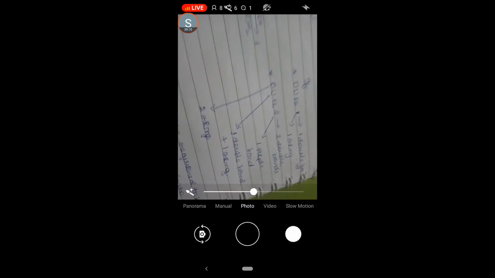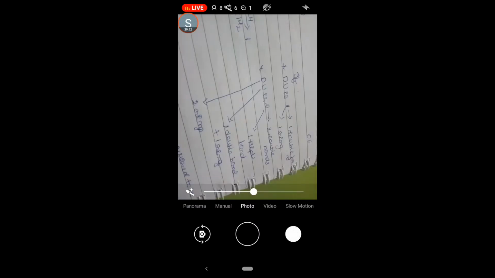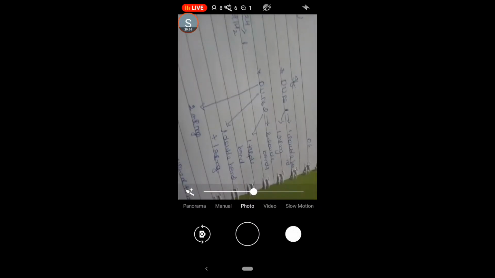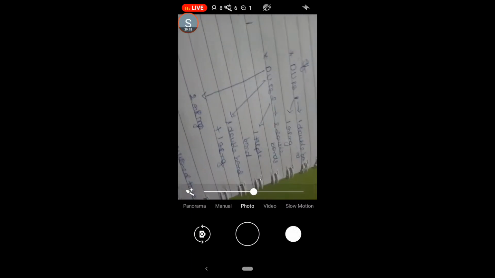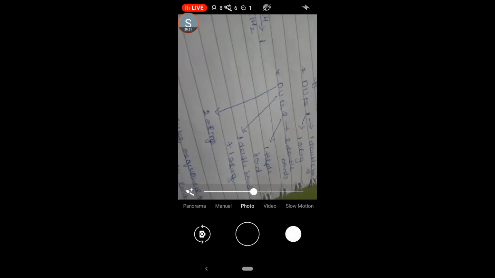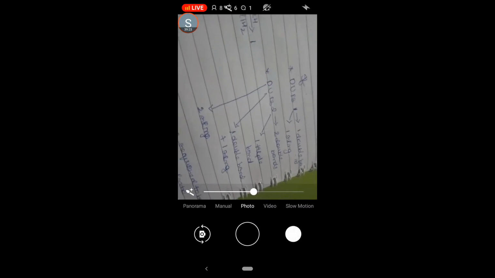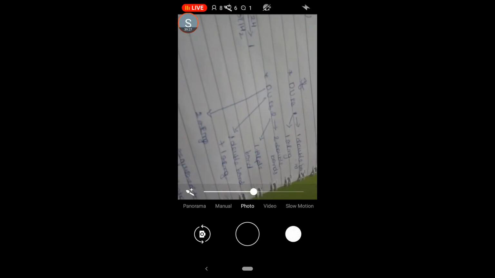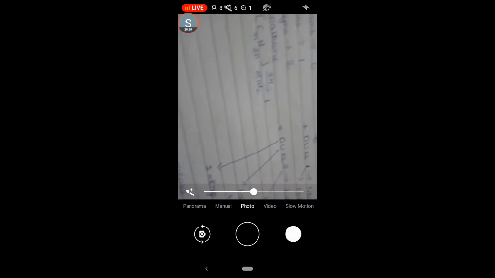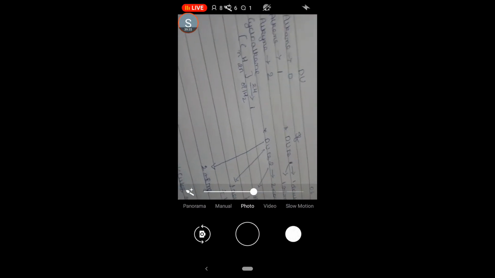The compound may be like this: it may have a triple bond, two rings, or two double bonds, or one double bond plus one ring, like that. Alkane is 0, so you need to convert every compound to 0. That is the main thing.